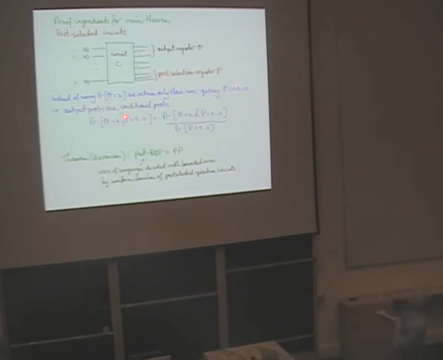So in other words, more mathematically, instead of taking the probability of the outputs as being your distribution, you take this conditional probability, the probability the outputs give x, given that the post-selection register yields 0.